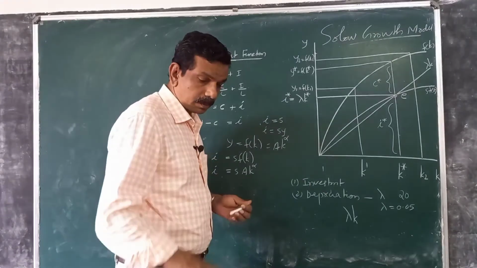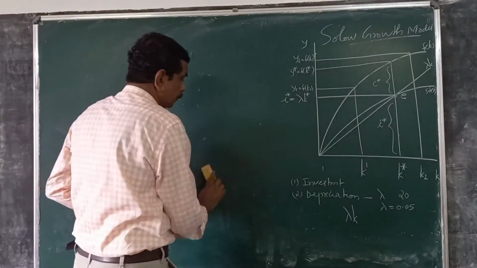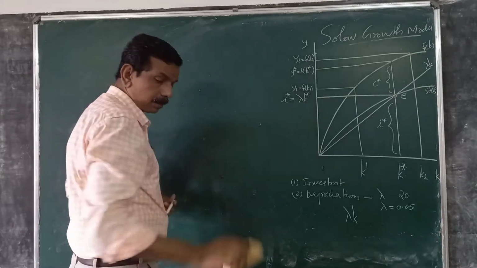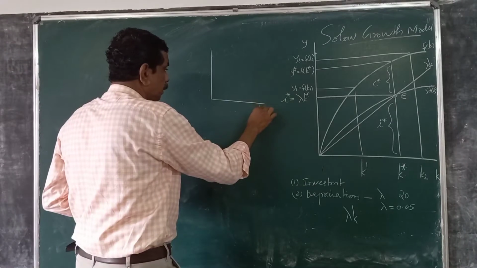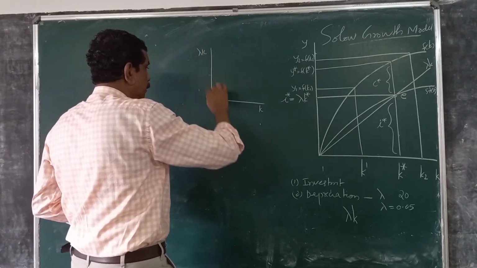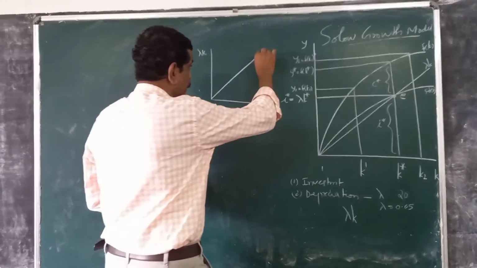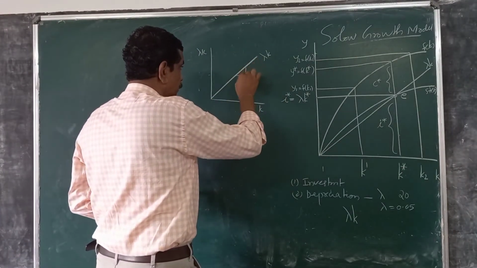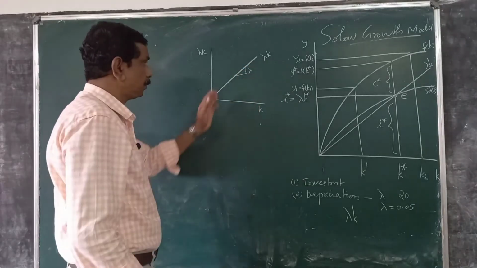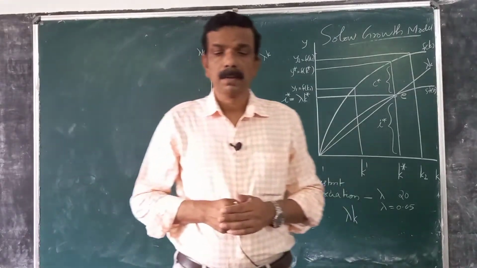If we plot lambda k against k, you will get lambda k as a straight line with the slope equal to lambda, the constant depreciation rate.